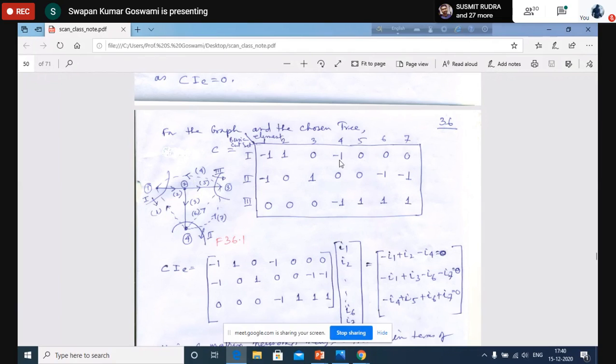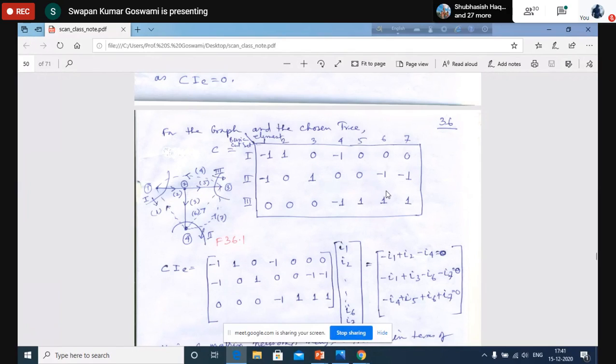So -1, -1. It is not present in cut set 2, so 0. Element number 5 is again a tree branch, so it will be present in one cut set. It is present in cut set number 3. It has decided the direction of cut set 3, so it will be +1.